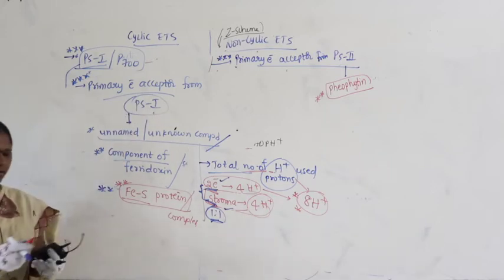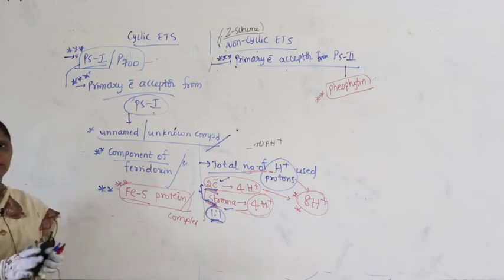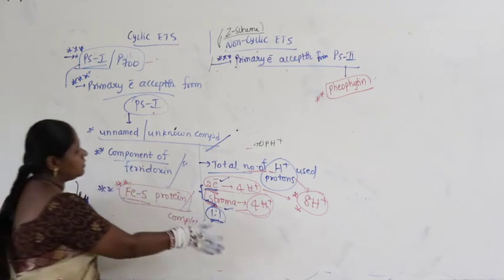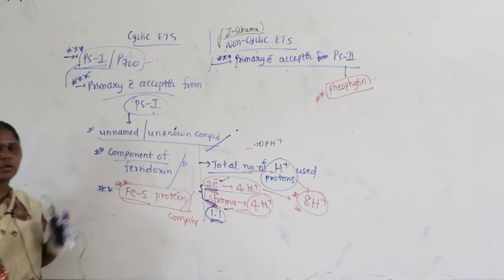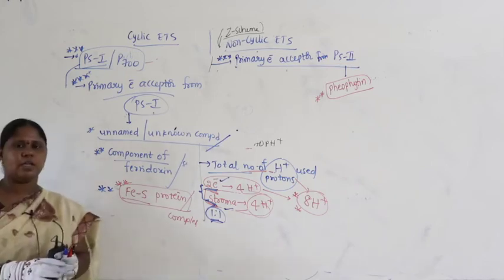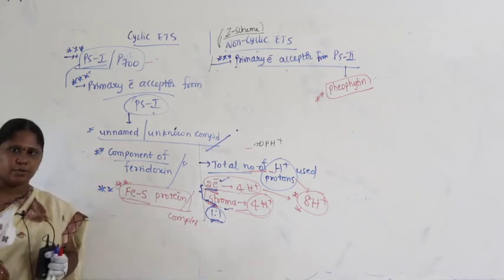Very important, right. So I think now you are very clear with the non-cyclic electron transport system and cyclic electron transport system. Guys, I am repeatedly telling you, practice on white papers quite a number of times.